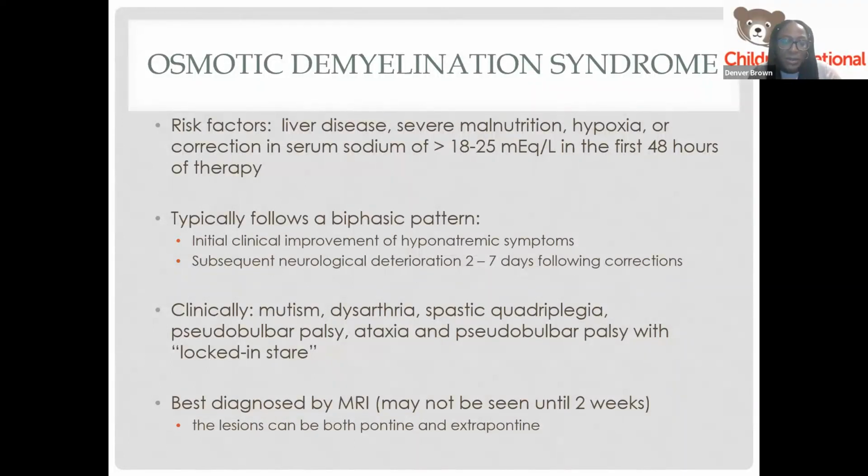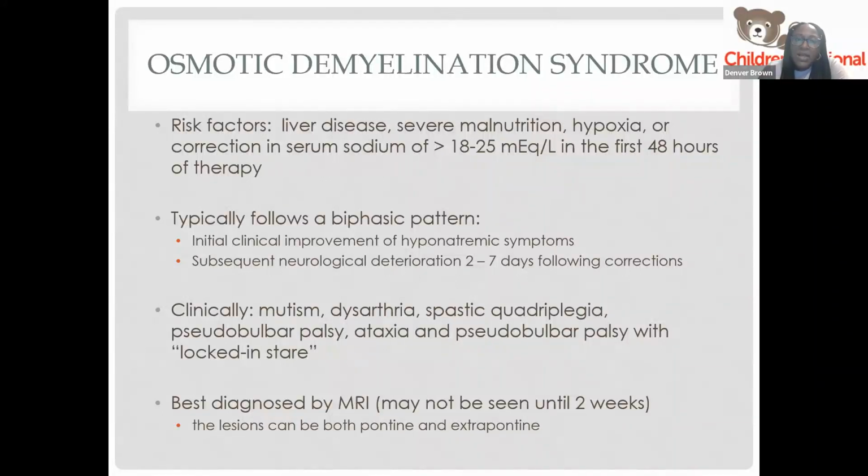Initially, the patient has clinical improvement of their hyponatremia symptoms, and then subsequently they have neurologic deterioration 2 to 7 days following the correction. So this is something that presents days after rapid overcorrection of hyponatremia.